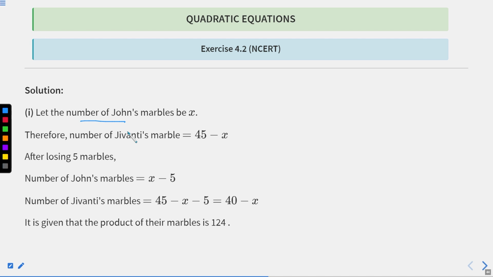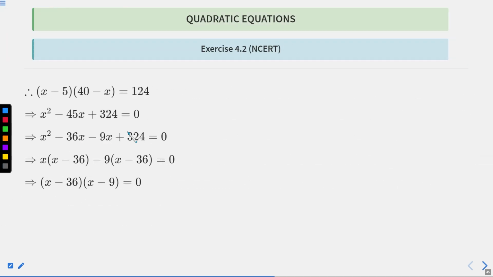After losing 5 marbles, the number of John's marbles is now x minus 5, and the number of Jivanti's marbles is 45 minus x minus 5, that is 40 minus x. It is given that the product of their marbles is now 124. So x minus 5 times 40 minus x is equal to 124.